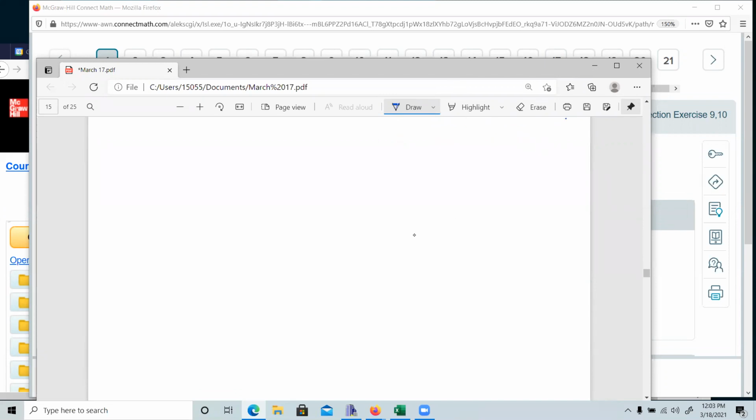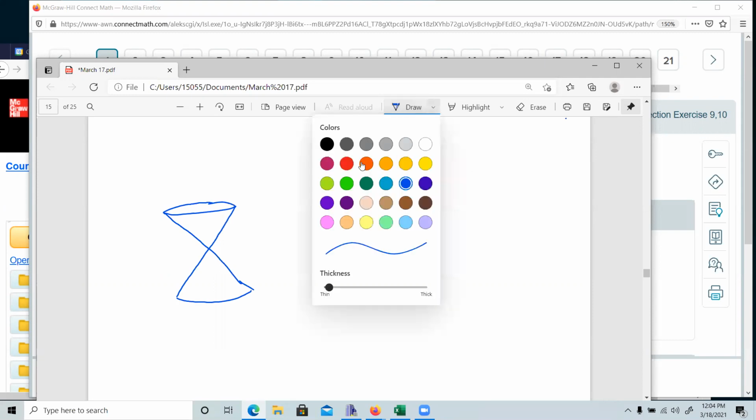So a conic section, the Greeks had cones, and there's two of them. That's what the Greeks had. And then what they did was they would take little slices out of this.